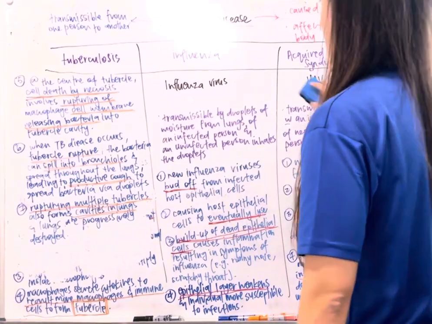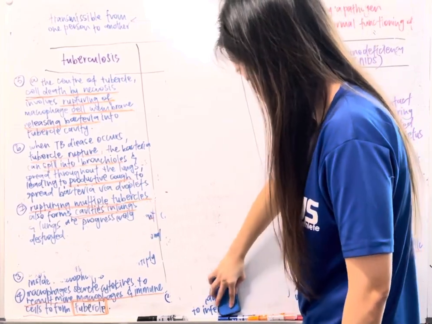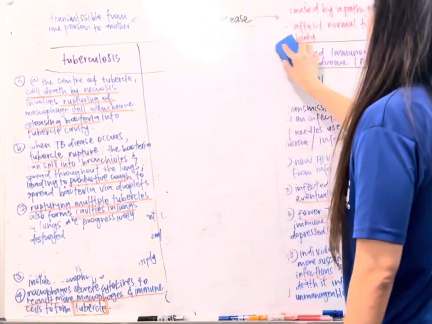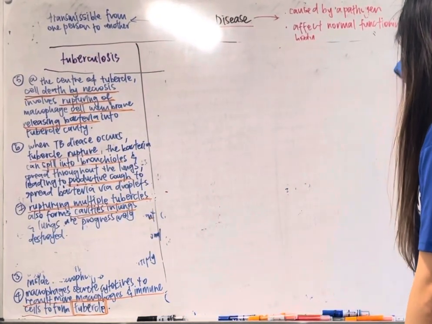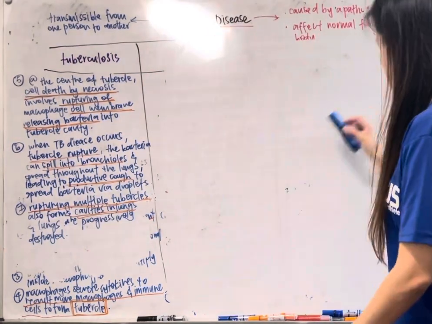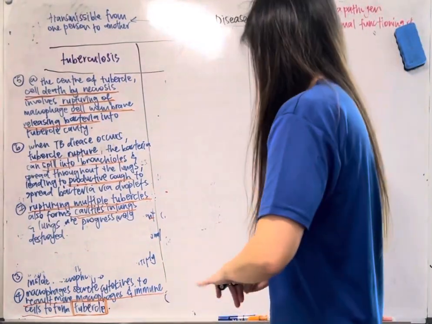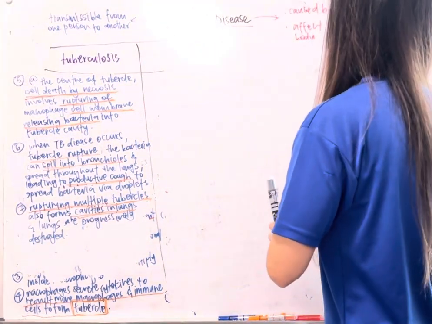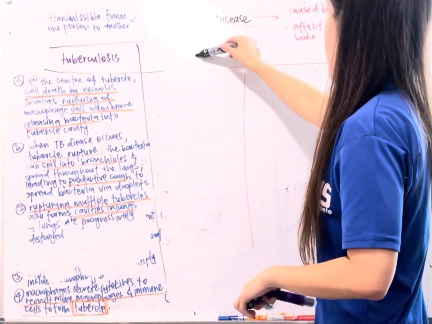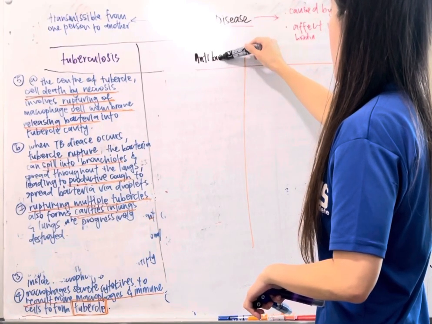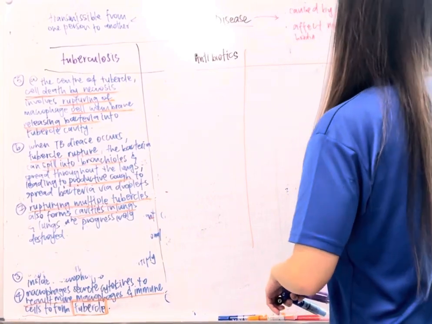I want to talk about antibiotics first, because bacteria, like Mycobacterium tuberculosis, can be treated with antibiotics. Famous antibiotics that we learn in the syllabus are penicillin as well as rifampicin.